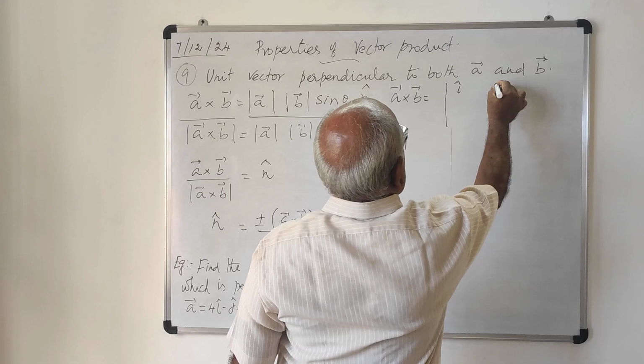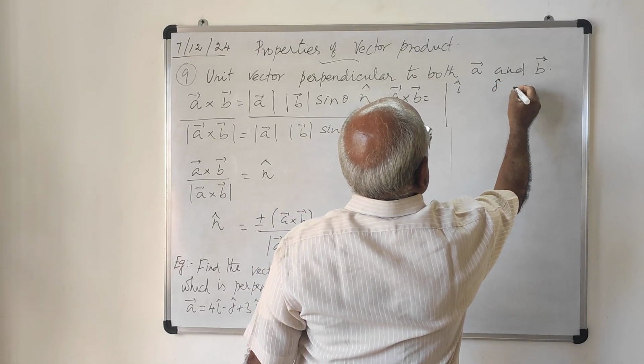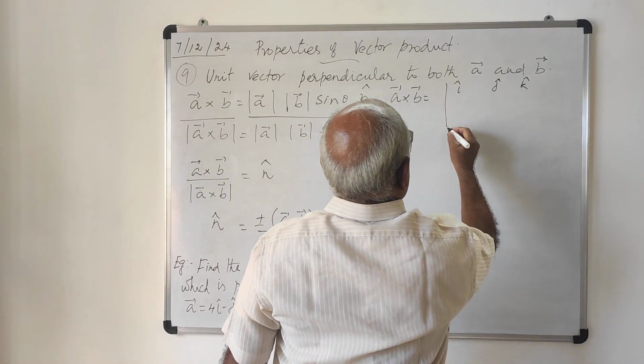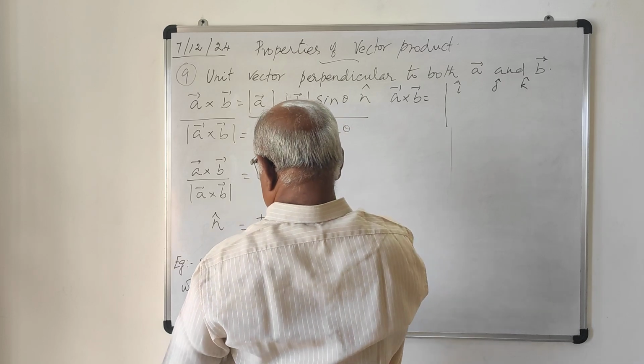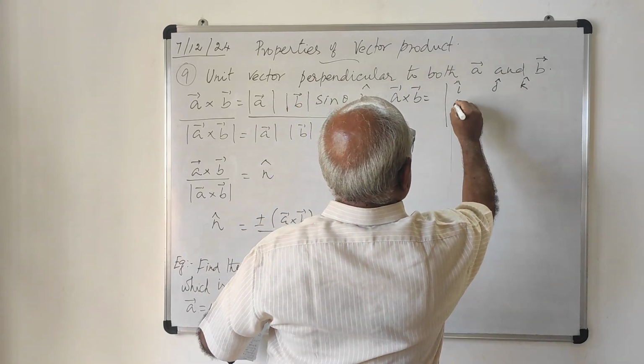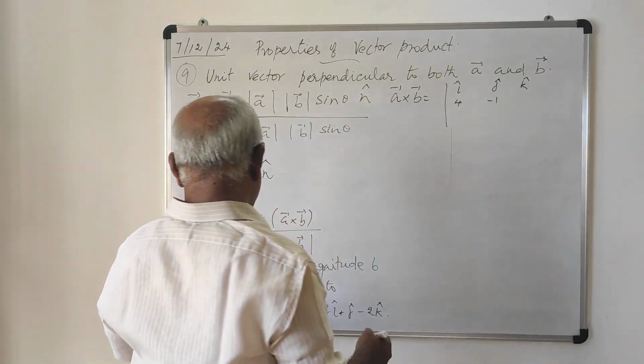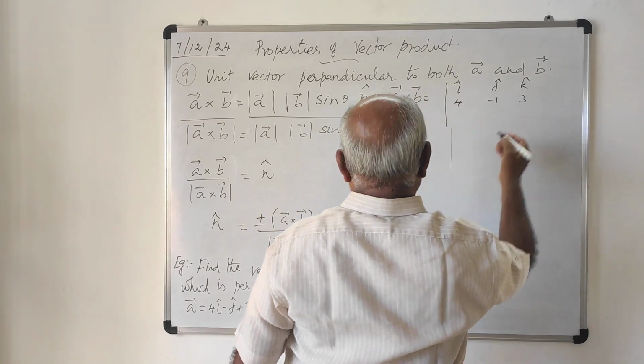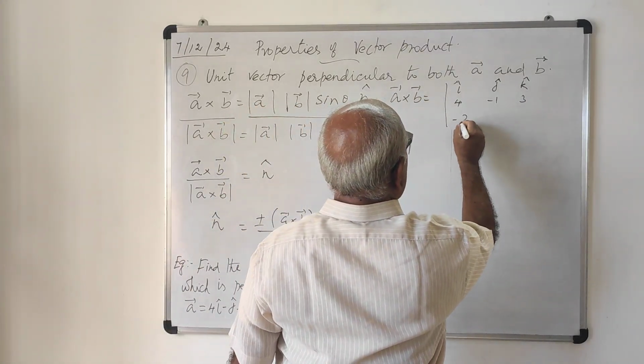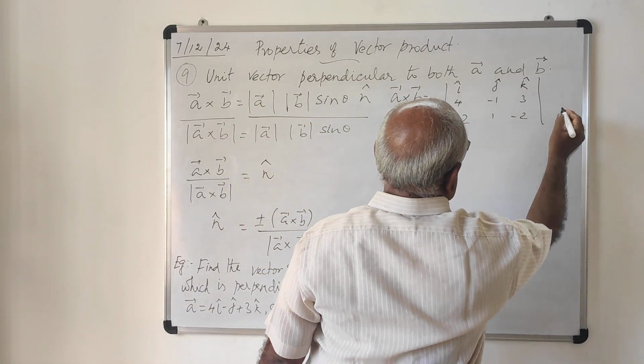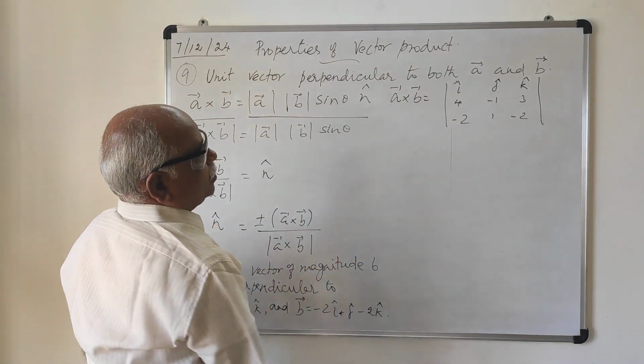Write the determinant with i, j, k. The A vector is 4, minus 1, 3, and the B vector is minus 2, 1, minus 2.